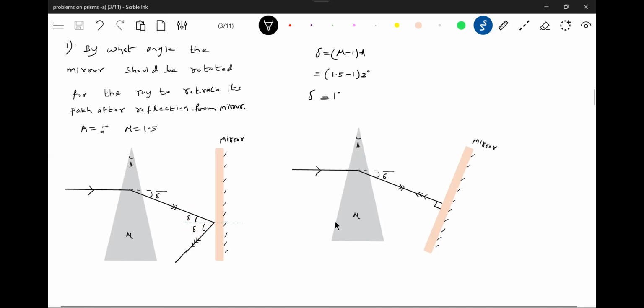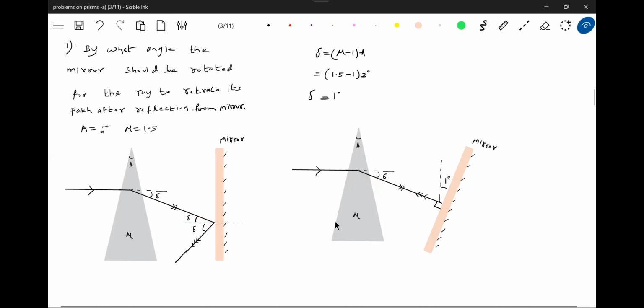So what should be the angle now? I should rotate the mirror by 1 degree. Then the reflected ray will rotate by 2 degrees, so it will retrace the path.